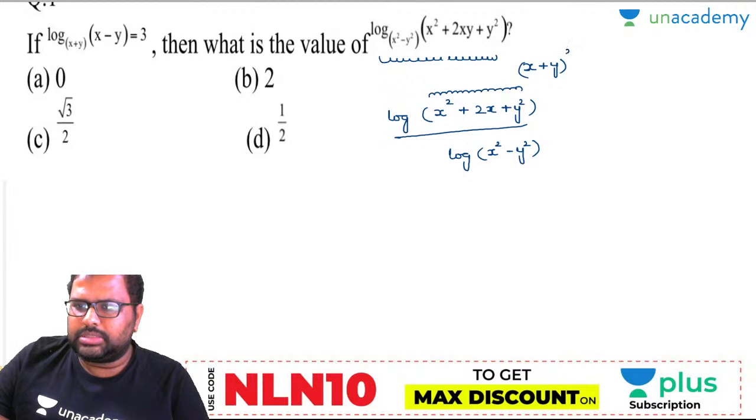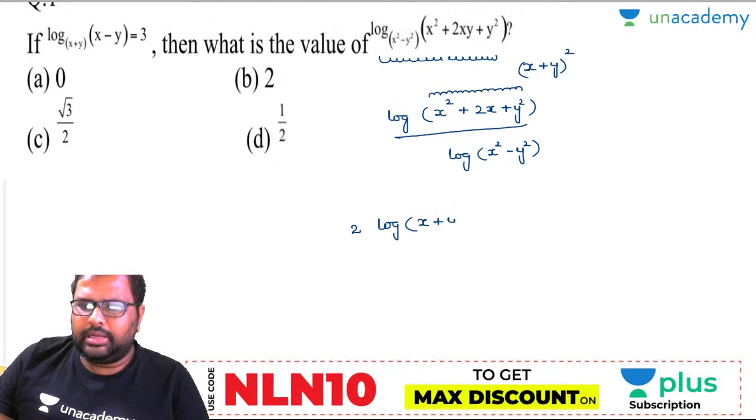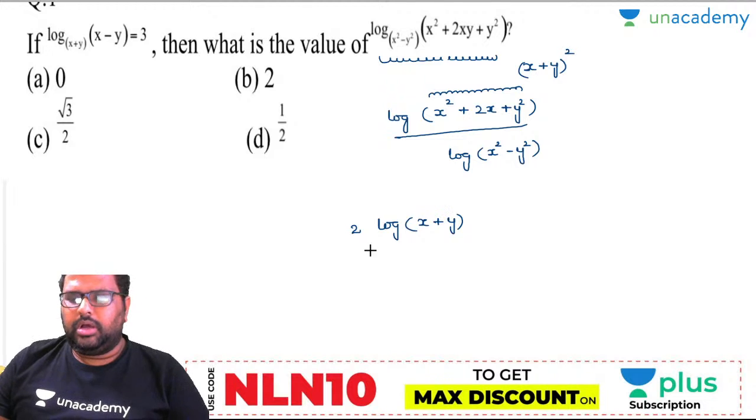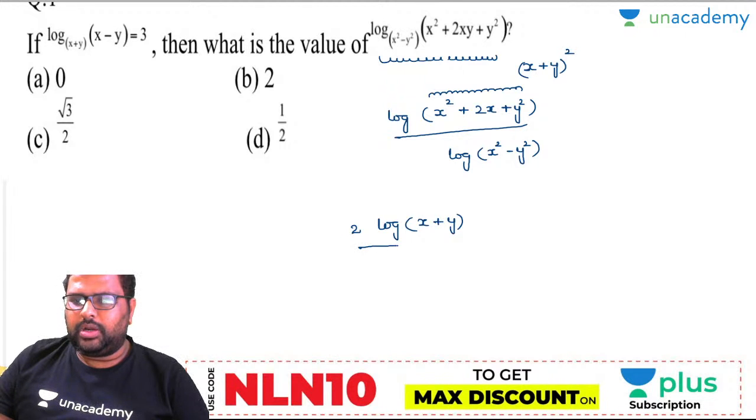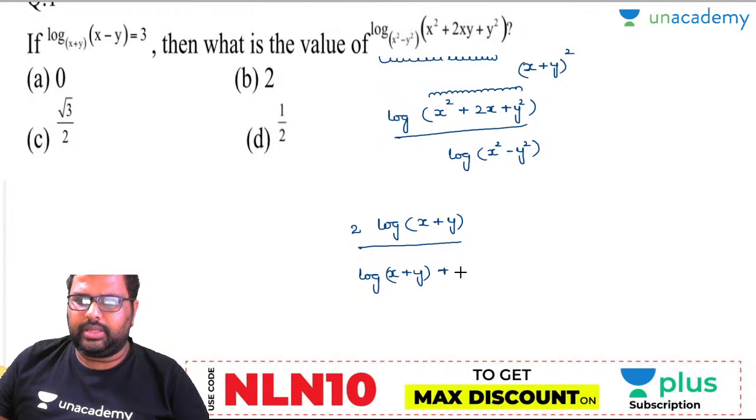Right, I wrote one more step extra. So can I write down this as 2 into log x plus y in the numerator, and the denominator is in the format of a square minus b square, log xy into log x minus y, and I can write it like this: 2 log x plus y divided by log x plus y plus log x minus y. Yes, I can write it like this.